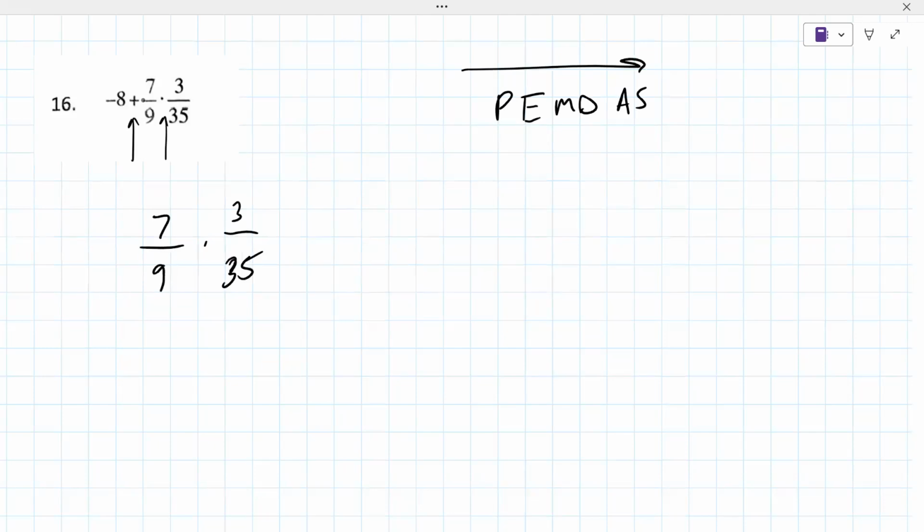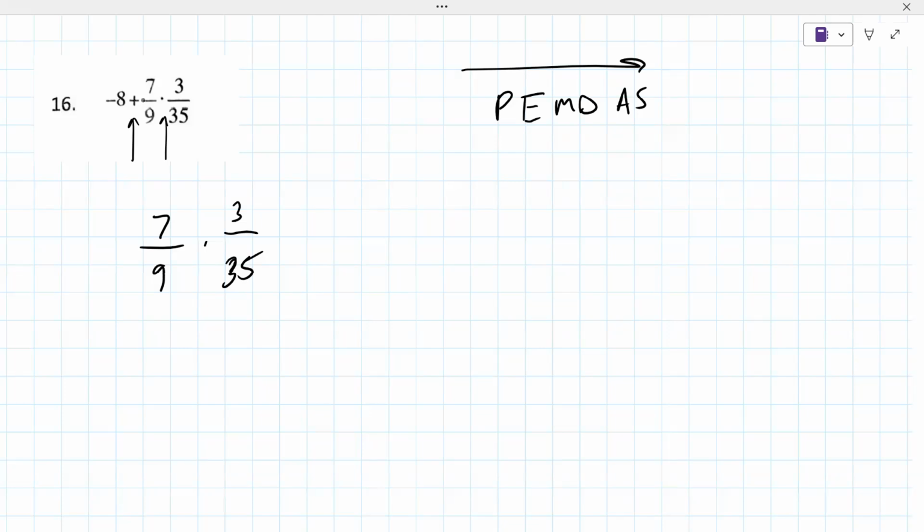And I recommend pre-reducing here. Reduce it to 9. So that becomes 1, that becomes 5, that becomes 1, that becomes 3.